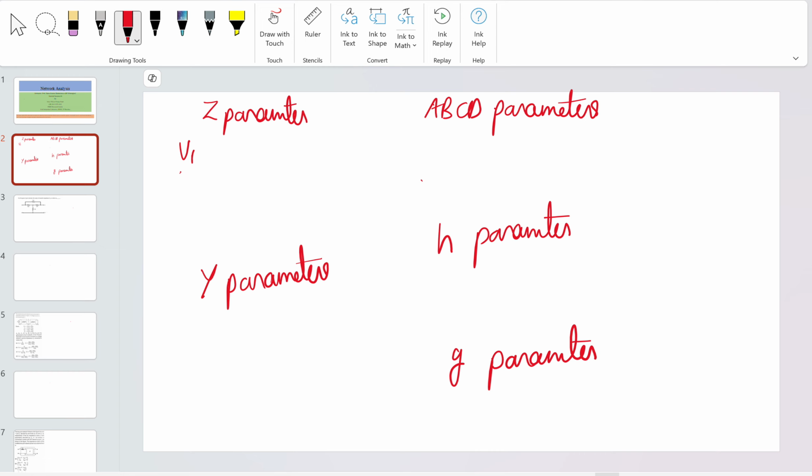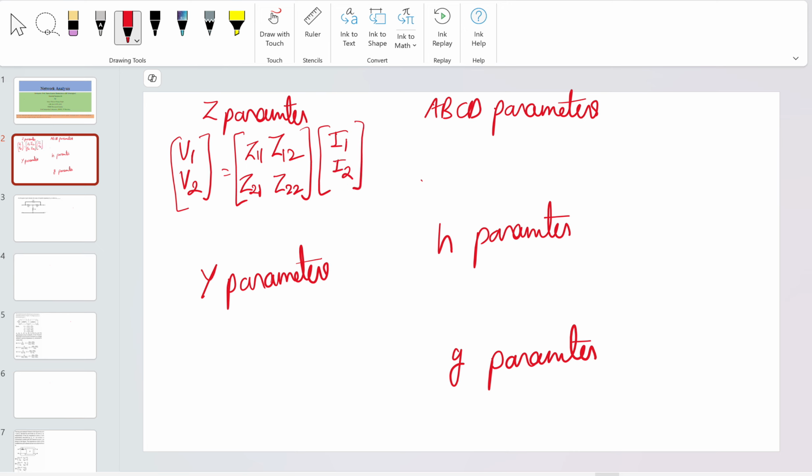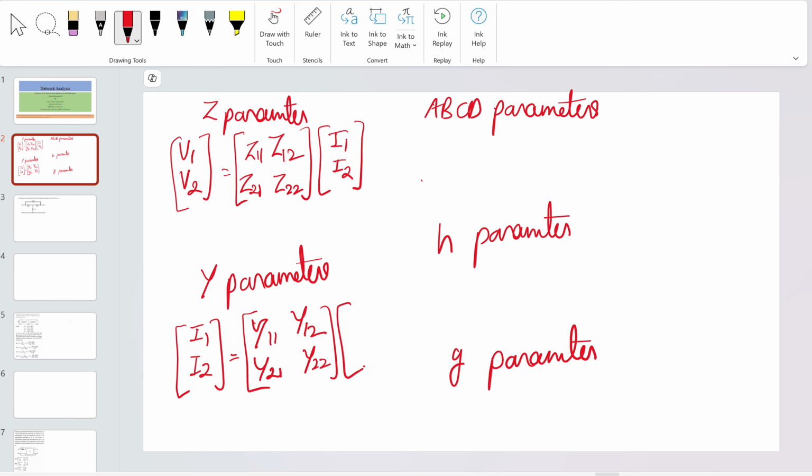In the Z parameter, V1, V2 is equal to Z11, Z12, Z21, Z22 times I1 and I2. For the Y parameters we have already seen that I1, I2 is equal to Y11, Y12, Y21 and Y22 times V1 and V2.